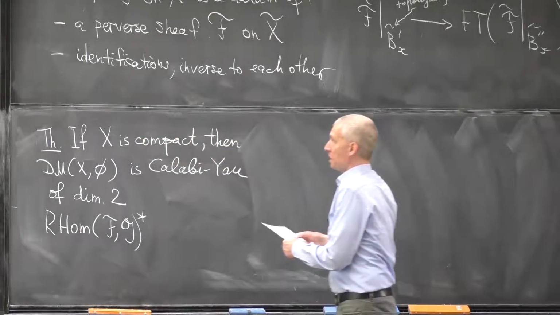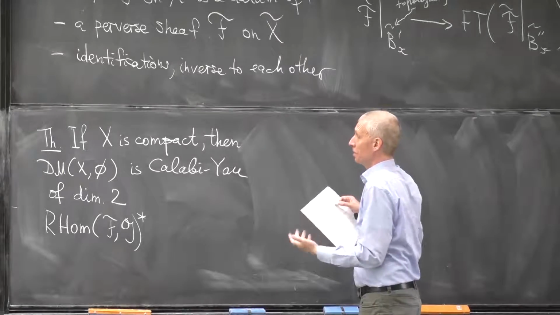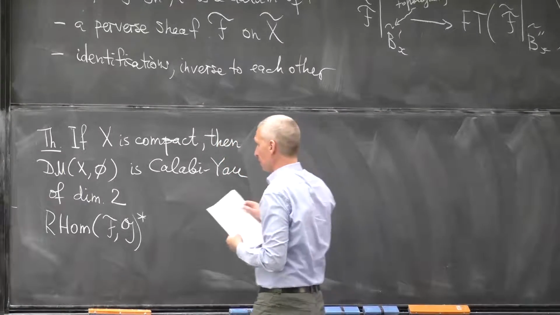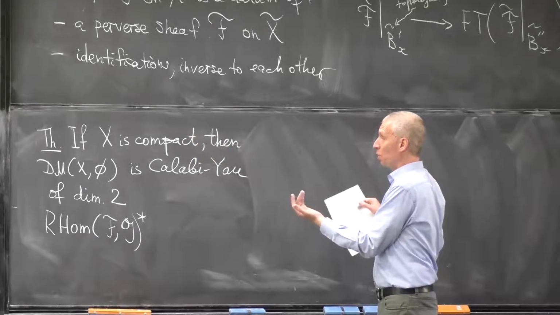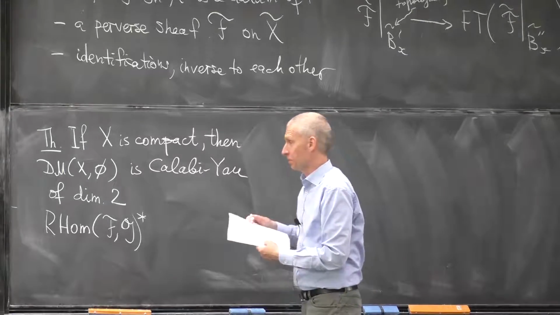But again, as Pierre mentioned before, there is no Poincare duality, there is no Serre functor for constructible sheaves. Even if you prescribe singularities, it's a little awkward to say what the Serre functor would be, if any.